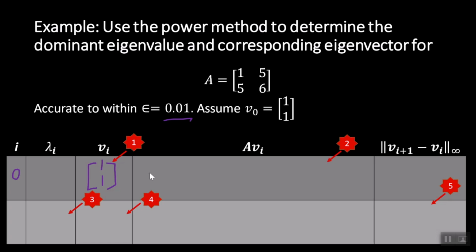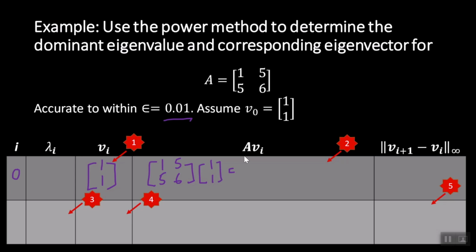Okay, next, the second step, we would be computing AV. So AV naught would be the matrix 1 5 5 6 multiplied by V naught, the vector 1, 1.